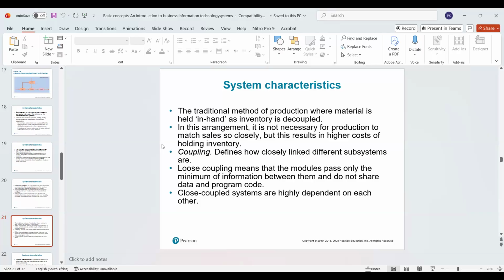But the result is a higher cost of holding inventory. So you end up producing a lot, but buyers are not coming. We have a lot of students, but we don't have lecture halls for the students. So the recruitment department does not work hand in hand with the department to find out the lecture halls they have. They are just recruiting. So you end up having a lot of students without lecture halls.